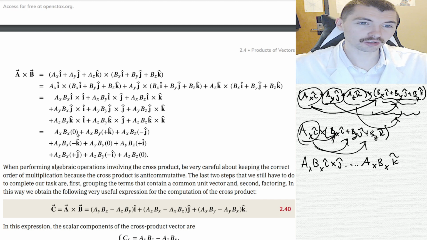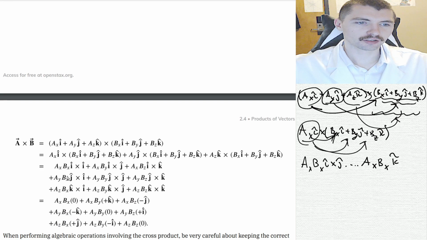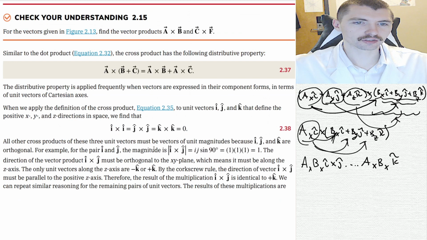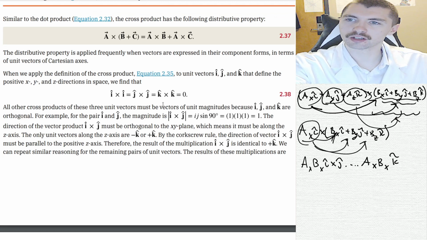They're getting 0. So there's a rule I'm missing that makes this 0. So we need to know why these are 0. Okay. Are these I's? These are I's.